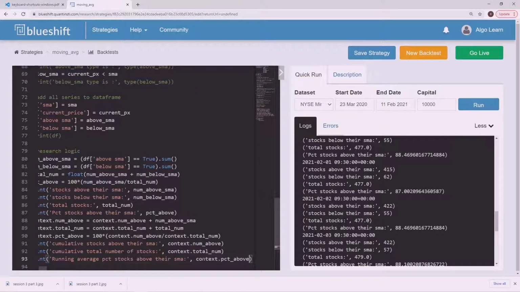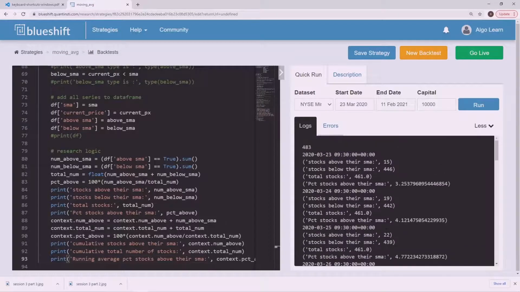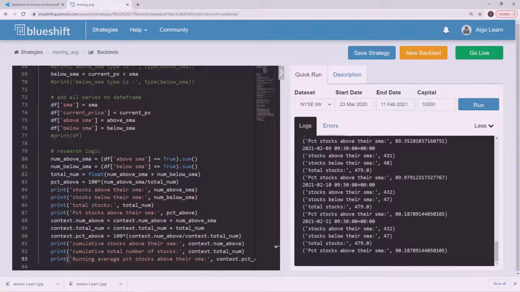All right, so let's run the same time frame, and let's see if I'm able to come up with a cumulative running average of percentage stocks above their SMA. Interestingly, we start off at 3% and we end in the 90s, so maybe it's somewhere in between. Maybe it's going to come out to 50% or something like that on average.